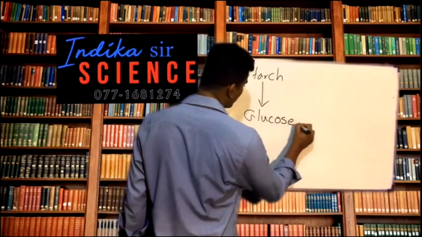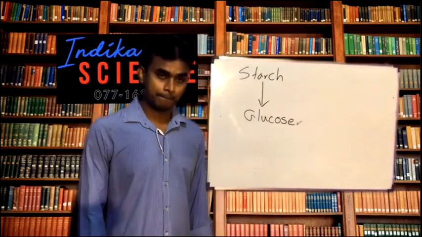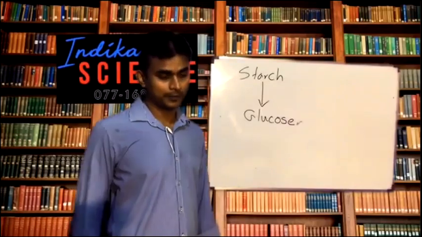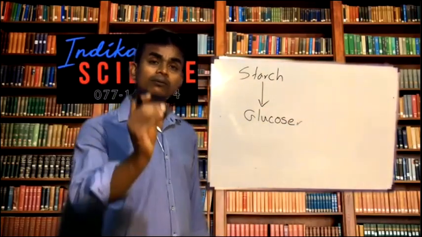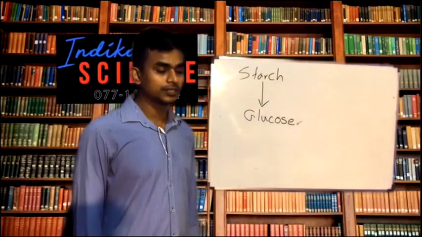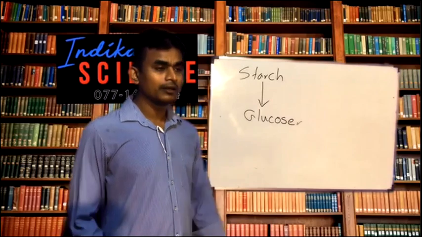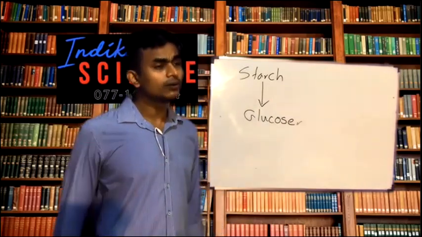Glucose is the simplest form of food. During the process of photosynthesis glucose is formed, and if you take some kind of food, there also glucose is formed.